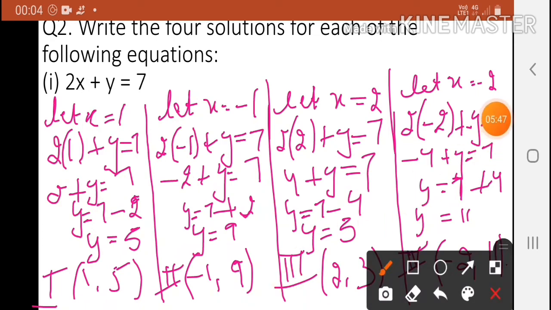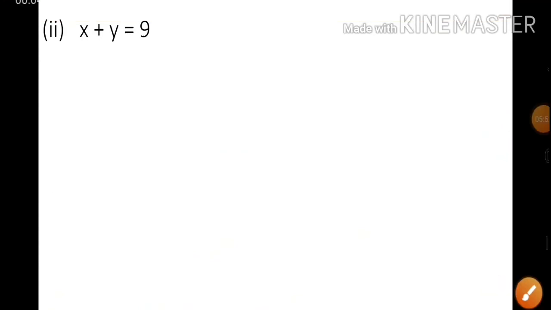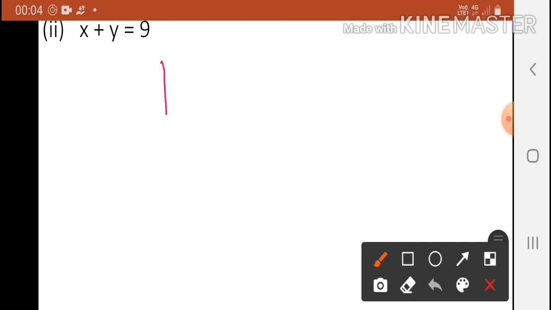Moving to the next part. Okay, here is the second part. x plus y equals 9. Again you have to divide the columns for this.